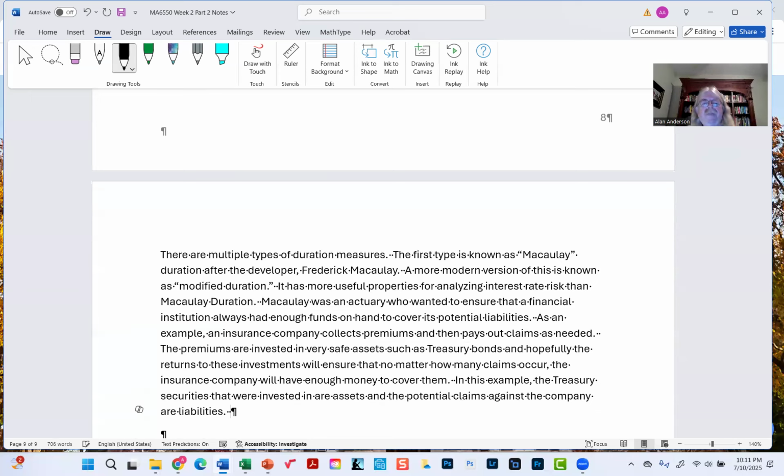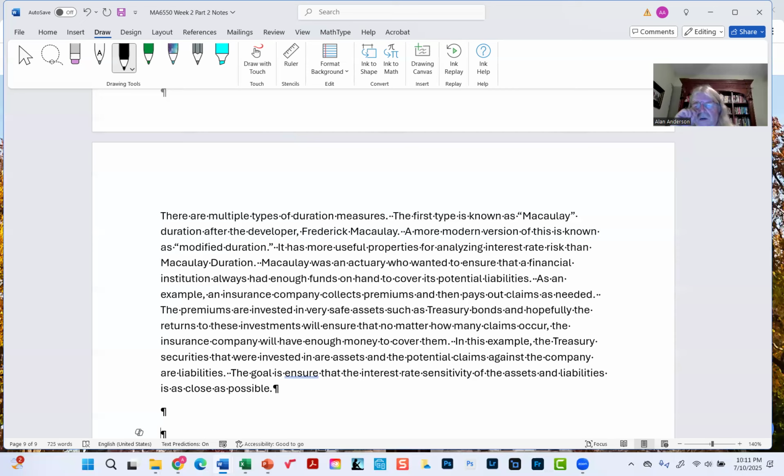So the goal is to ensure that the interest rate sensitivity of the assets and liabilities is as close as possible. All right.